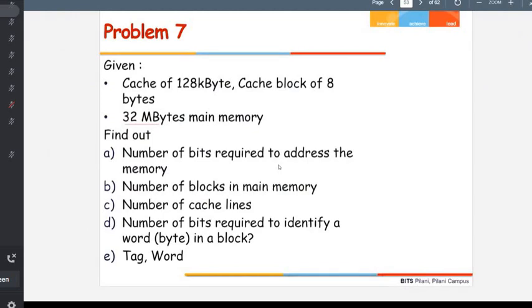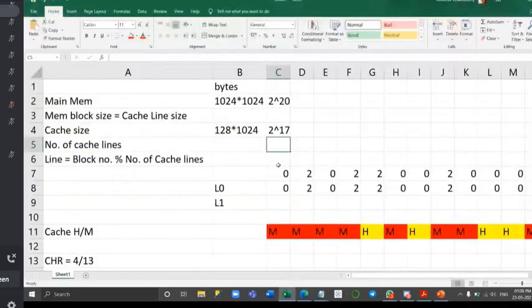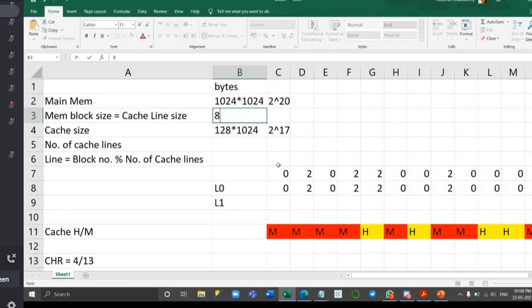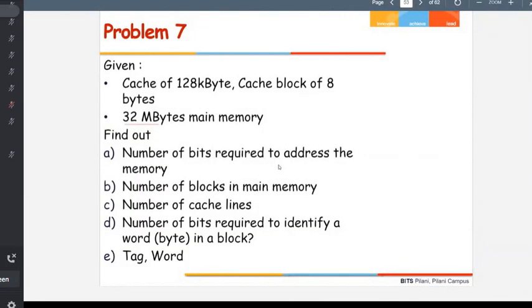The cache block is of 8 bytes. Now we know cache block is equal to memory block, equal to 8 bytes. We will find the number of cache lines. Should we take a break?